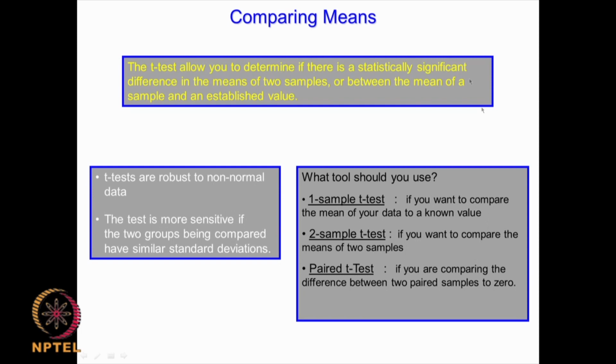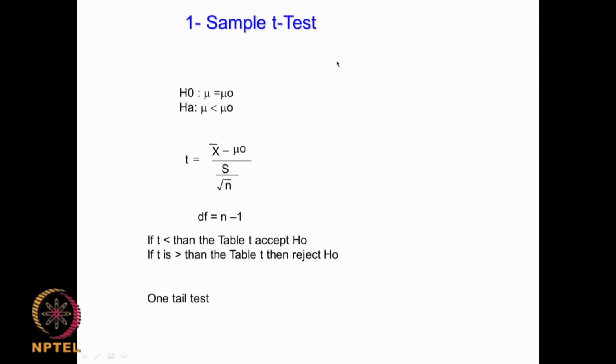So all these t tests are meant to compare means. Okay. So the one sample t test, to sum it up, is x bar minus mu naught divided by s divided by square root of n. We can use the same equation for the paired t test also, because we are converting the two samples into one sample. Then the degrees of freedom is n minus 1.